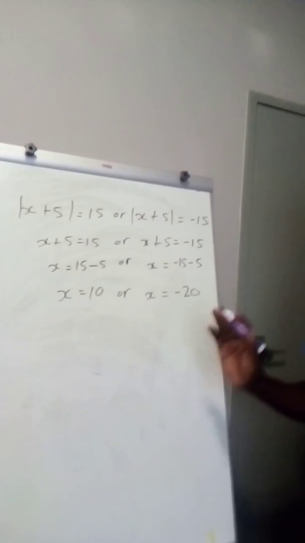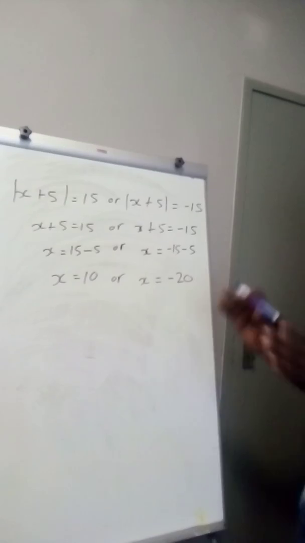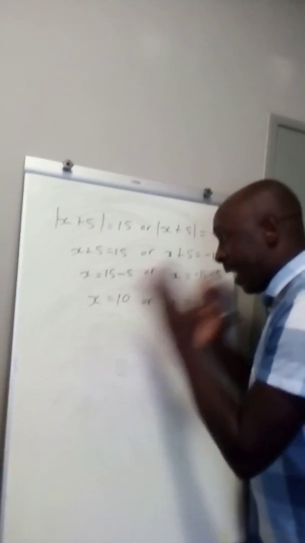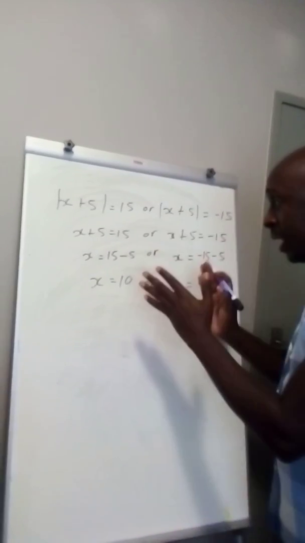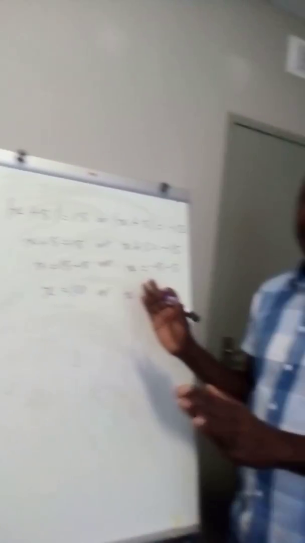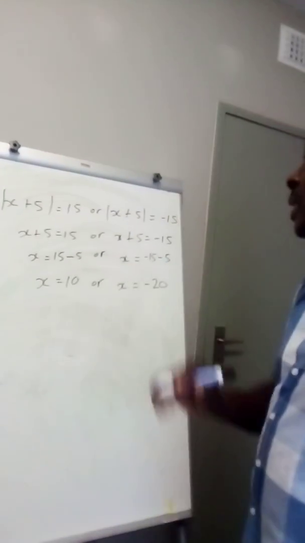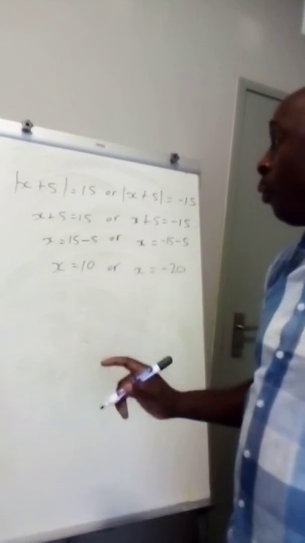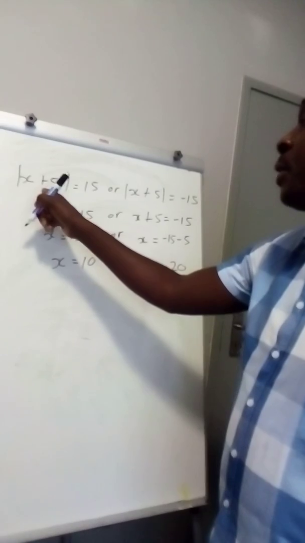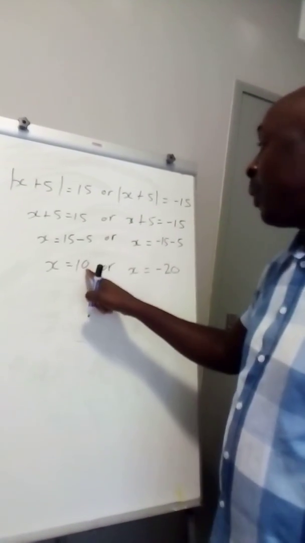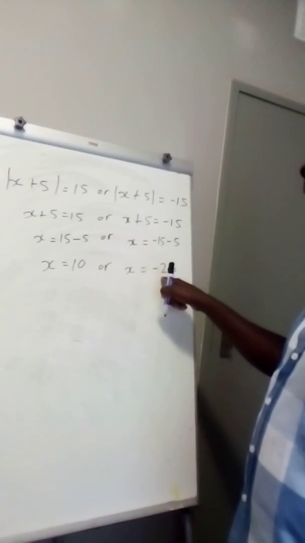Then we prove this. We prove this because, remember, we said that the absolute value of 15 and -15 is the same, so we must get to the same answer. We now substitute our x first with 10, and then we substitute our x with -20.